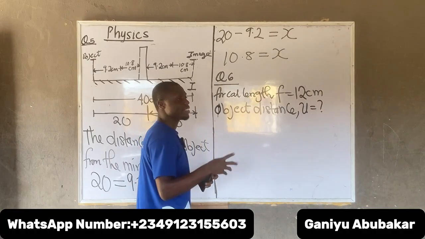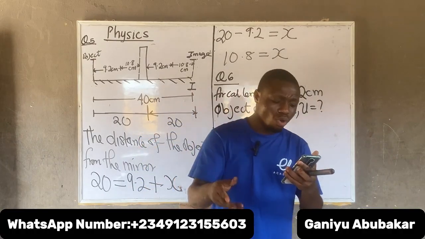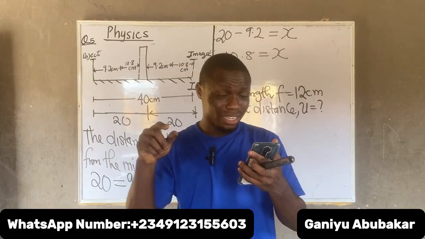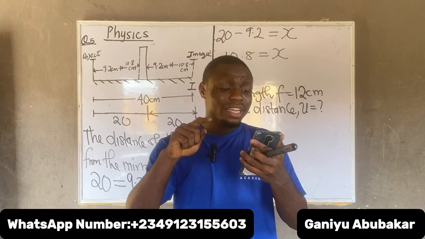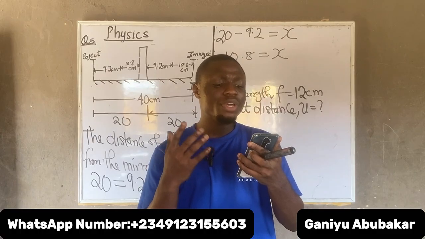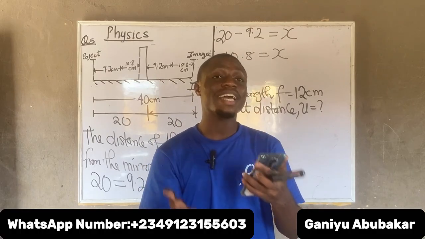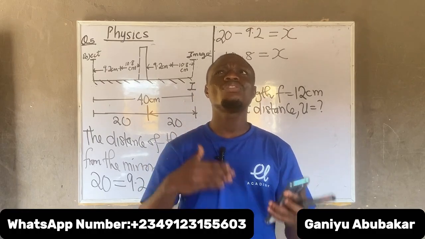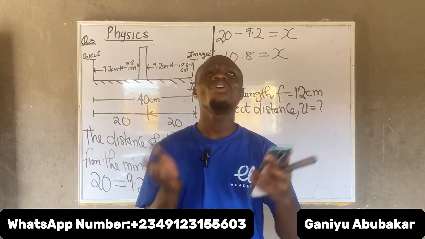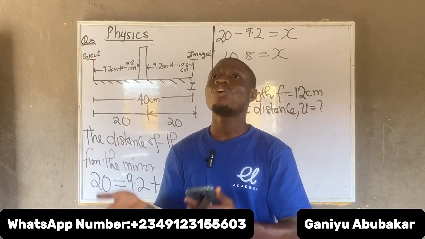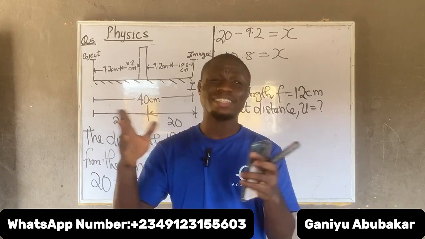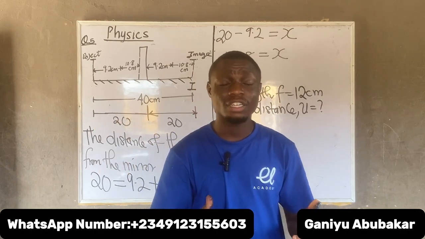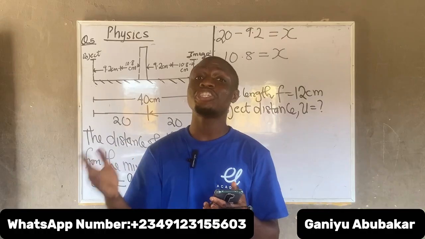But here is the trick. Whenever you get the pattern in this form, listen to this part. It says produce a real image 4 times the size. When you hear 4 times the size, or 2 times the size, or 3 times the size, or whatever times the size, that is talking about magnification.